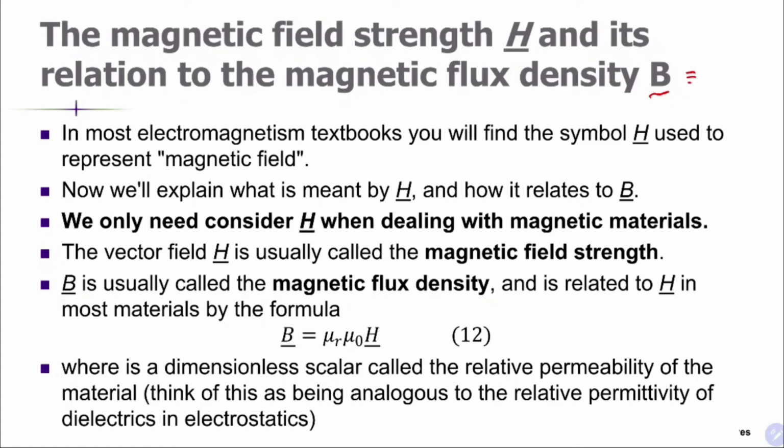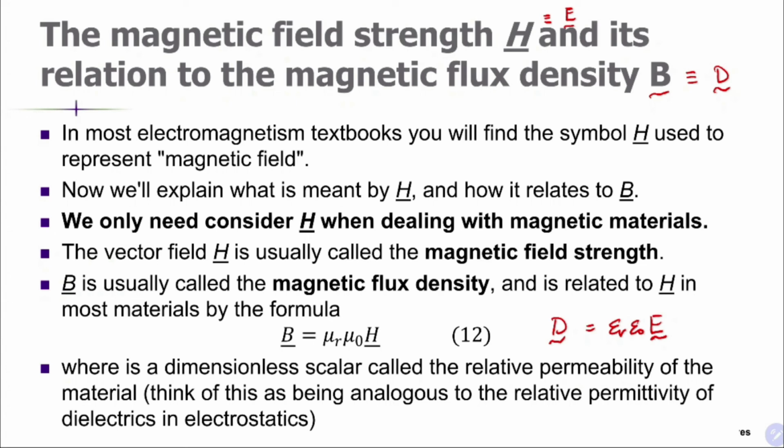I said that this is equivalent to our electric field, or H is more appropriate to refer to as the magnetic field rather than B. And the relationship between H and B is B equals mu R mu naught times H. Similarly, in our electrostatics, D equals epsilon R epsilon naught E. And mu R is called the relative permeability, and mu naught is the permeability of free space.